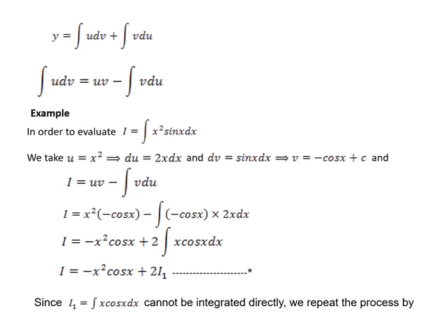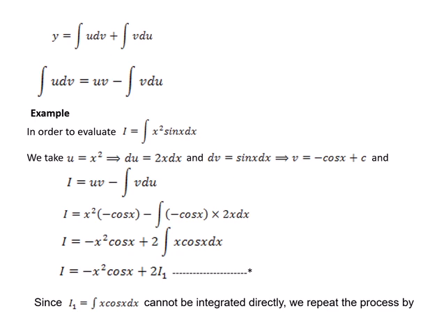Then we now move on. We now have integral of dy, we have it as y equal to integral u dv plus integral v du. So from here now, we want to make u dv the subject of formula.